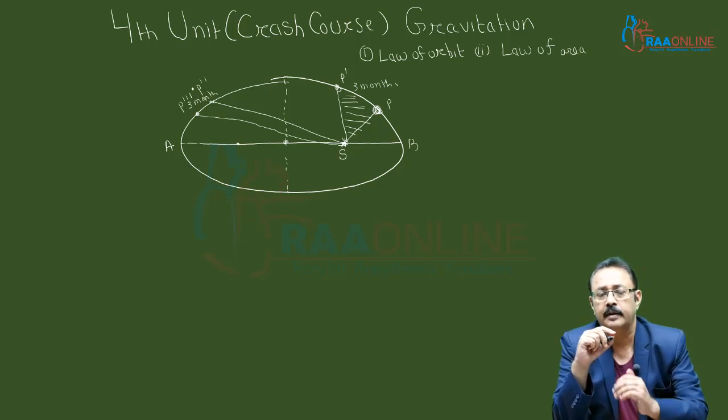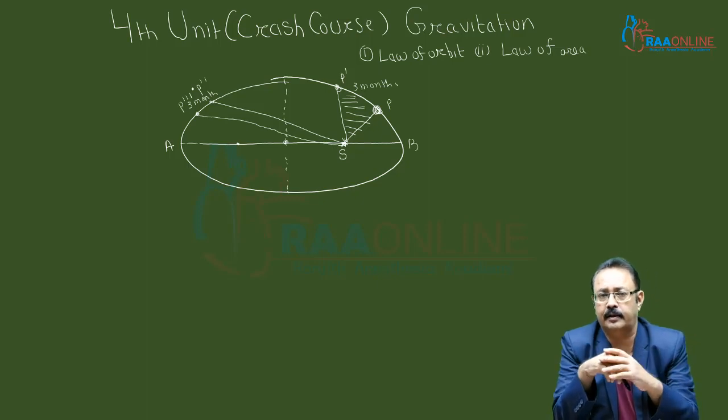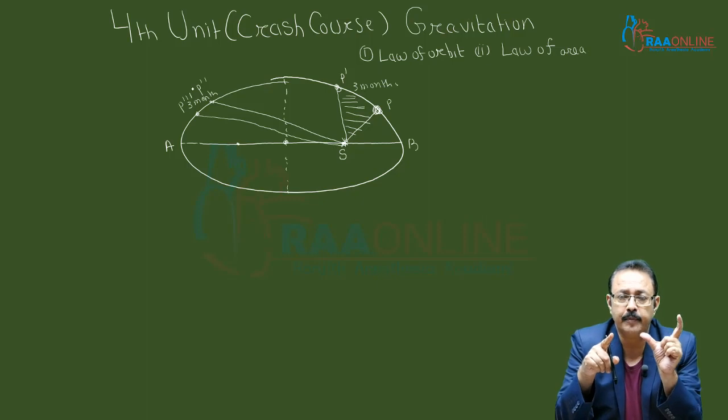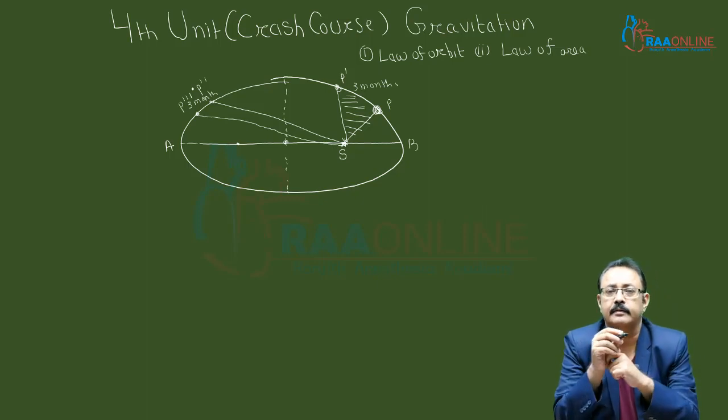We know that as the planet is moving away from the sun, the length of the line joining planet and sun is increasing, but this line has to sweep the same area in the same interval of time. So the speed of the planet is decreasing.